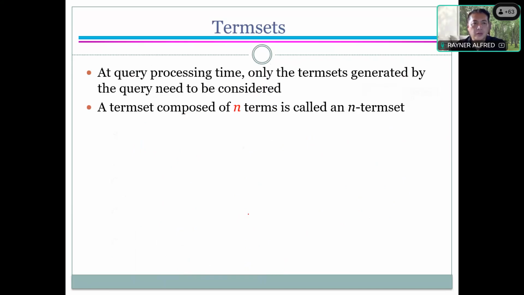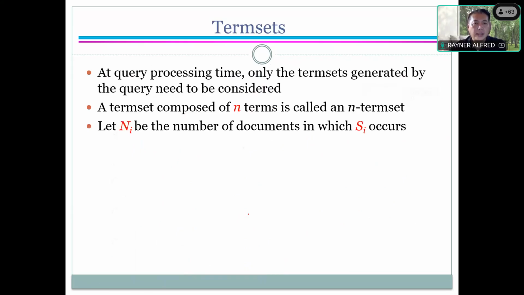Once we get all the term sets, the way we generate the list of term sets is we always look at a single term first, and then we go to second, third, and so on, and then we stop there.